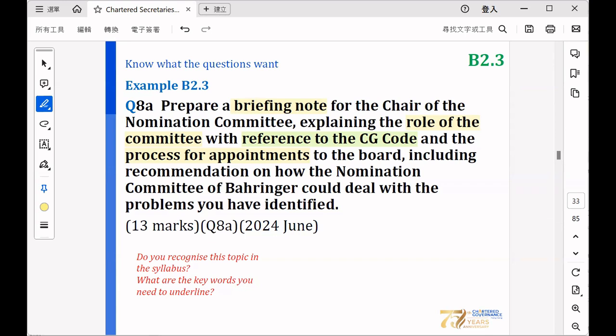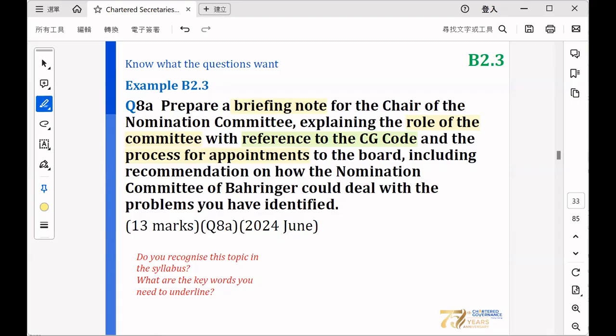So after the nomination committee has been through the selection process, they can recommend the candidate to the board for a new appointment, and the appointment may be approved by board resolutions.